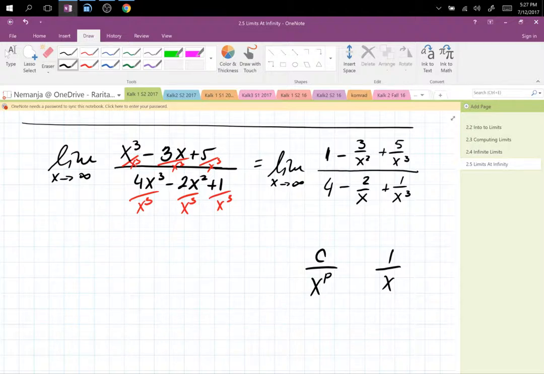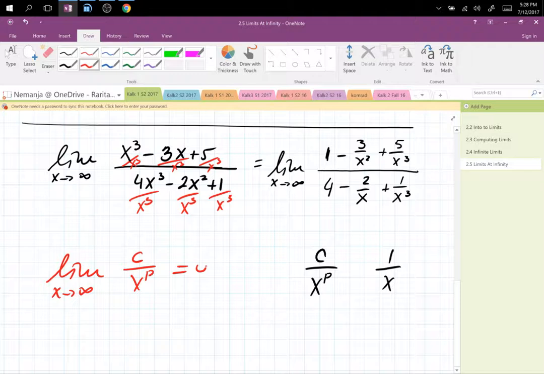So by the argument that I just showed you, maybe I should write this in red, the limit of c over x to the p as x goes to infinity is equal to 0 for positive p.